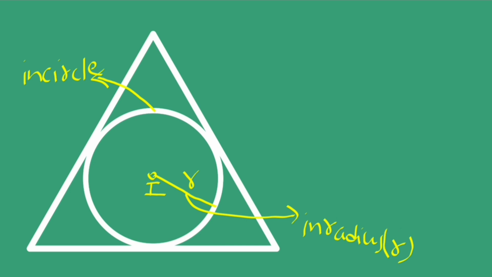Now the formula for inradius: small r is equal to delta divided by s.